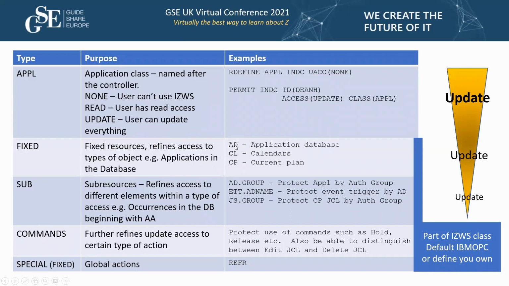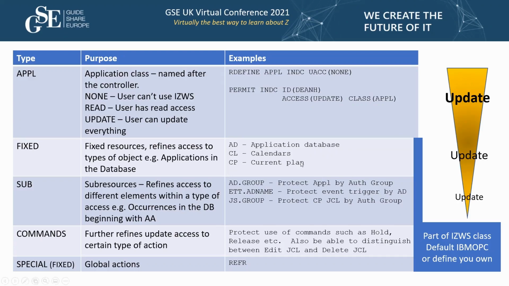So having said I've got access to the application database here, I might say that my particular user only has access to the payroll authority group. At which point I can't create an application with any other group in it. I can't update an application with any other group in it.